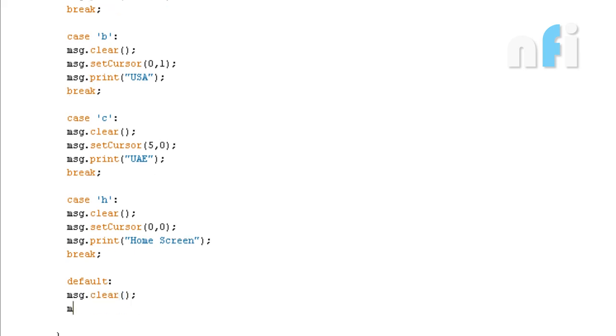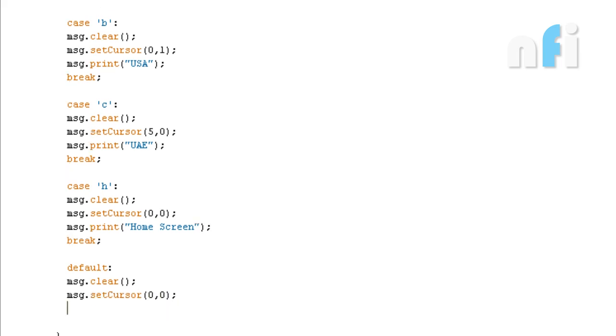Now msg.setCursor, and you can print the message: msg.print invalid entry.